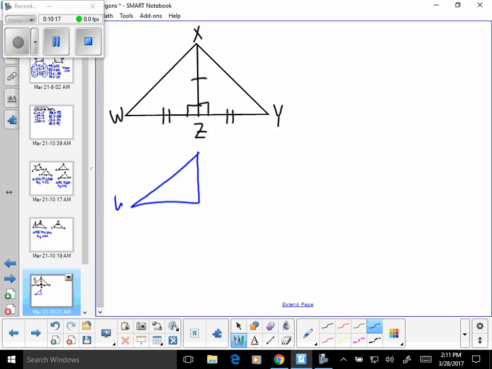Here's W, here's X, here's Z. You have a right angle. There's a tick mark here. Notice that XZ is a tick mark. Now XZ is really a part of both triangles. So I'm going to draw my other X, Y, Z, right angle, tick mark.